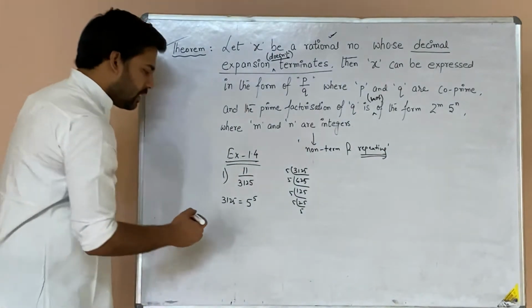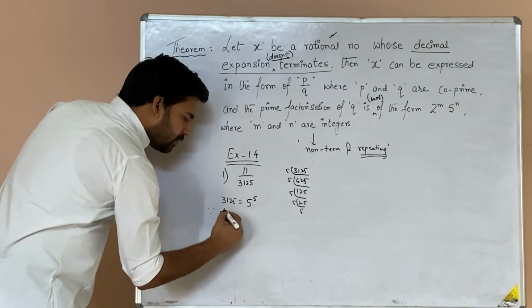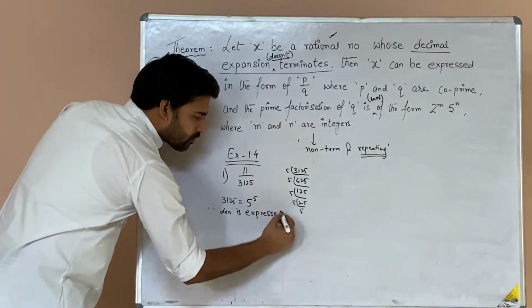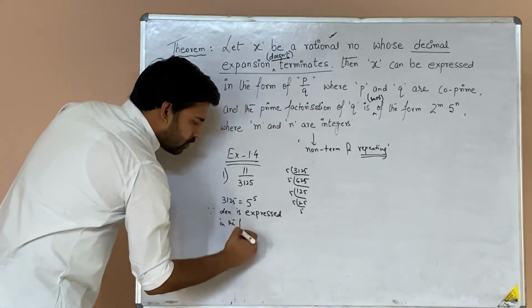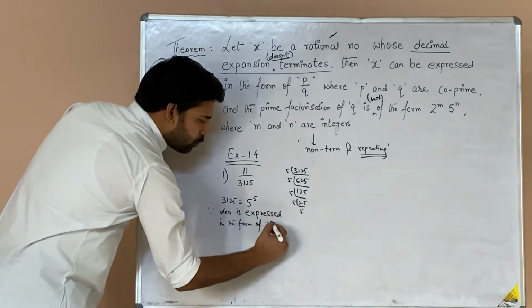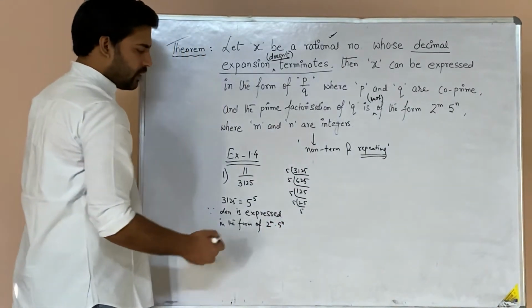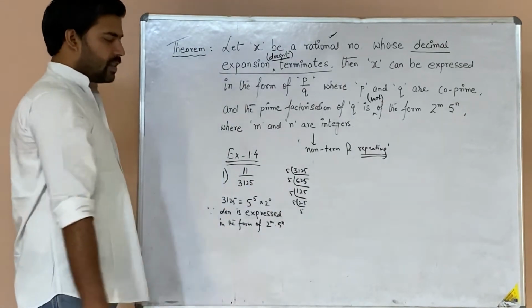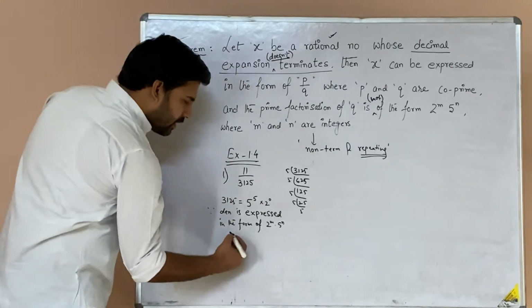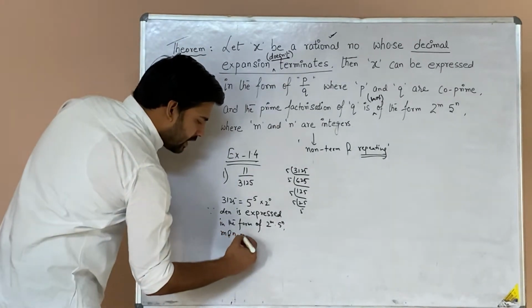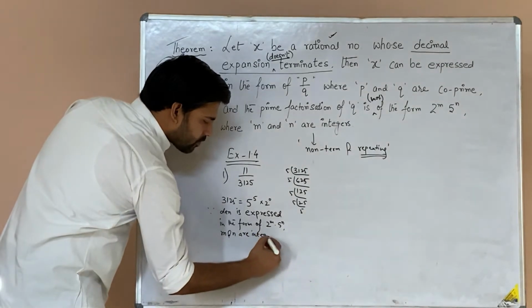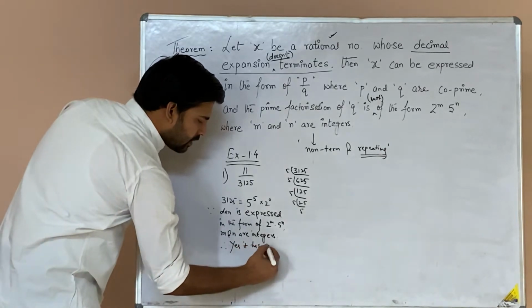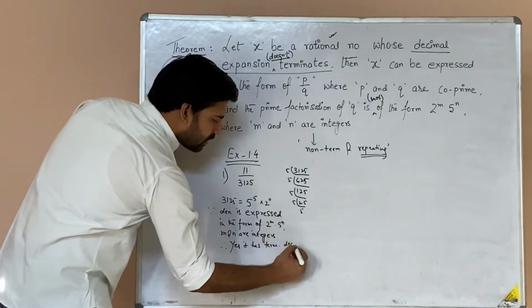Now you will write down the statement: since the denominator is expressed in the form of 2 to the power m into 5 to the power n, that means you can write it down as 2 to the power 0 if you want. It can be represented as 2 to the power m into 5 to the power n, where m and n are integers. So therefore, yes, it has terminating decimal expansion.